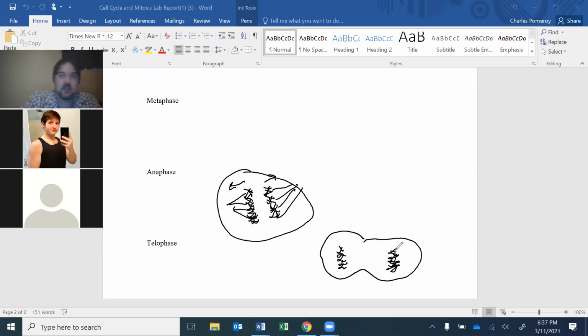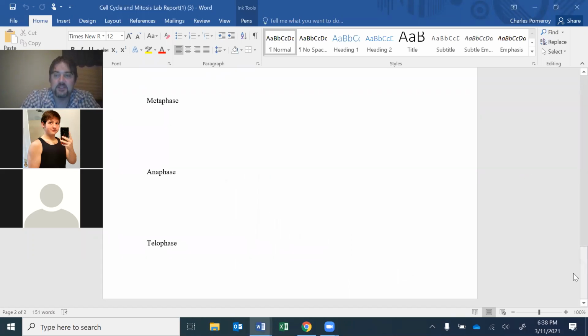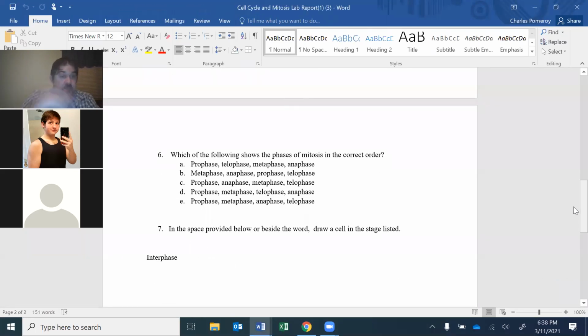Now on the test, I will take a picture of a cell and put it on the test and say which stage is this cell in. Is it in prophase, metaphase, anaphase, or telophase? And like I said before, a lot of times with these lab reports, I just move these questions over to the test.